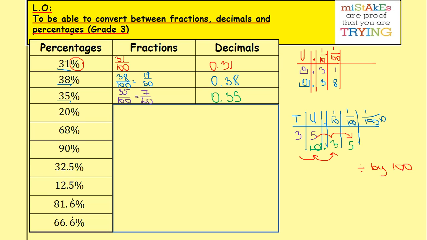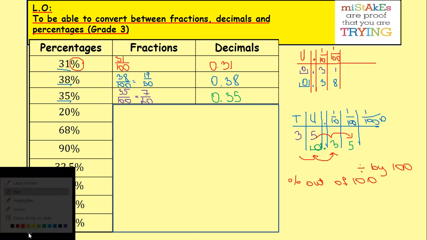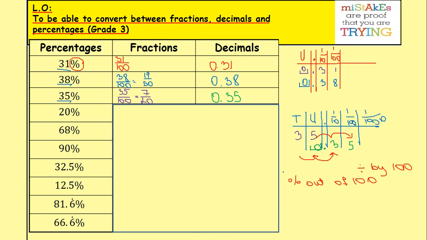How do we know if we are right? Think about a little extra note. So we know percentage sign means out of 100. And we said out of sign actually means fraction line. So we can write it as out of 100.